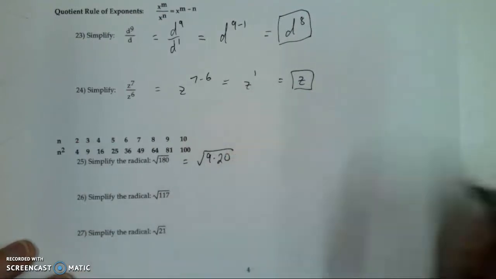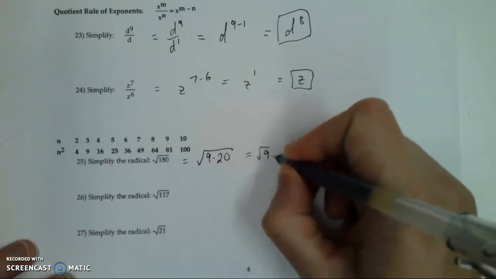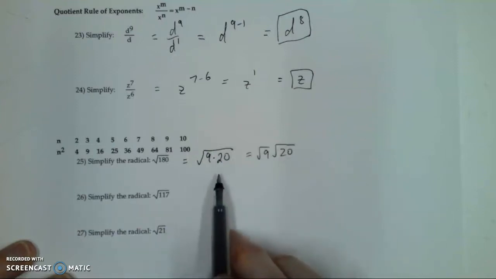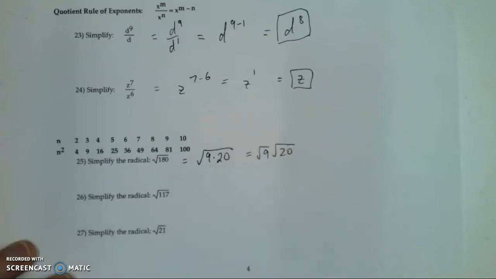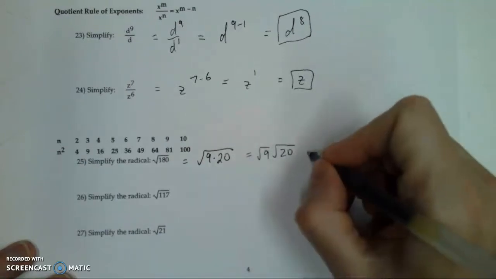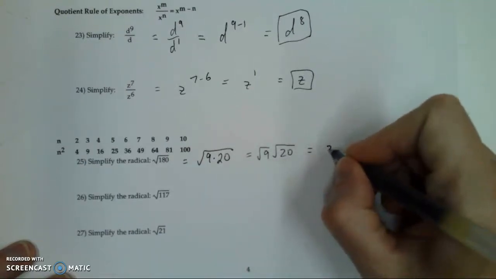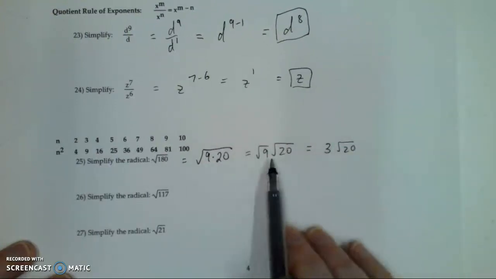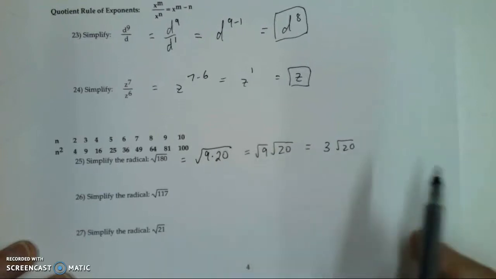If you have two numbers multiplied under a radical like that, we can write it as each number individually underneath the radical still multiplied. Do note you cannot do that if numbers are added or subtracted, but we can do it for multiplication. Now you'll notice I always put the perfect square first, and that's because it's a reminder to myself this is the number that I'm going to be able to simplify. That's the perfect square, and I can take that square root. So the square root sign isn't there anymore because I did that operation.